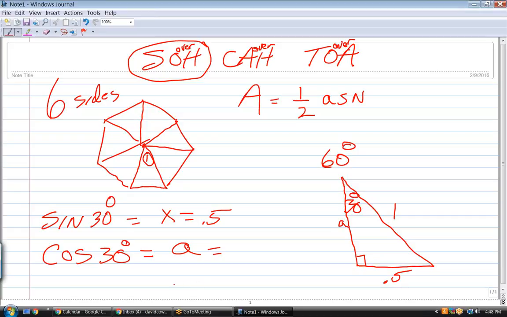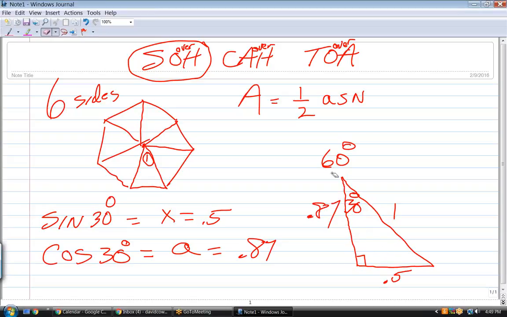What's that number? Square root of 3 over 2 should be about 0.87. Okay, so that's 0.87.